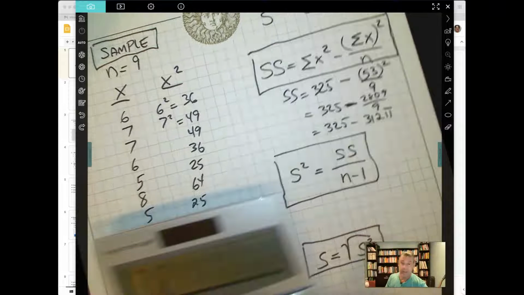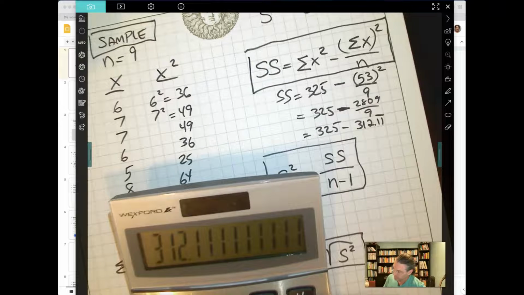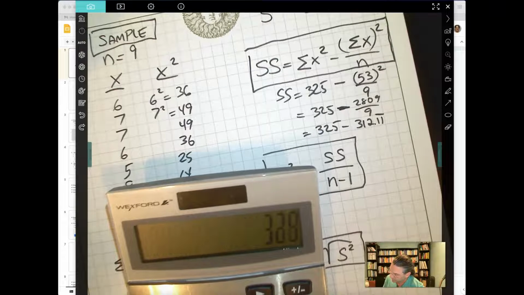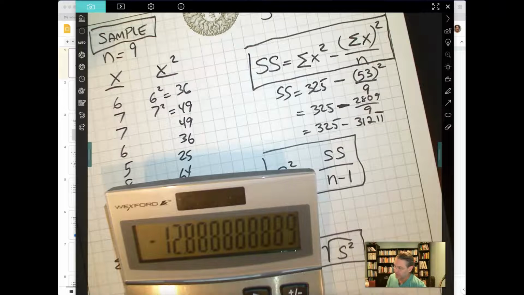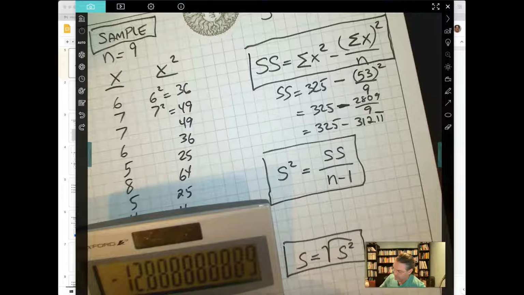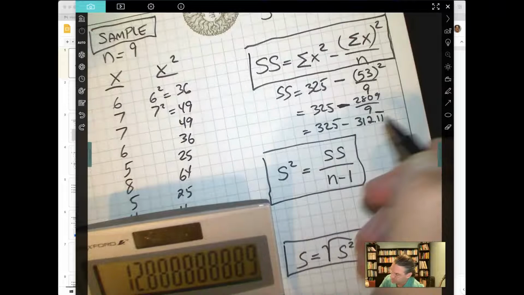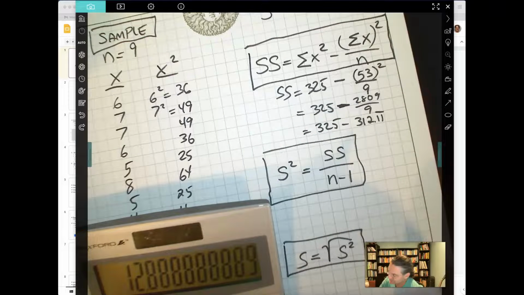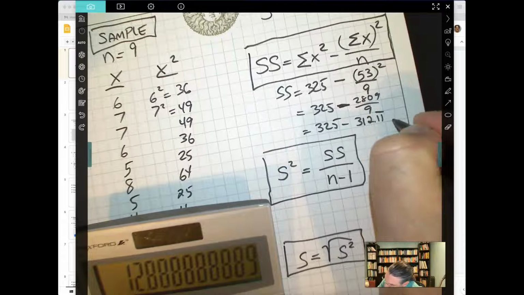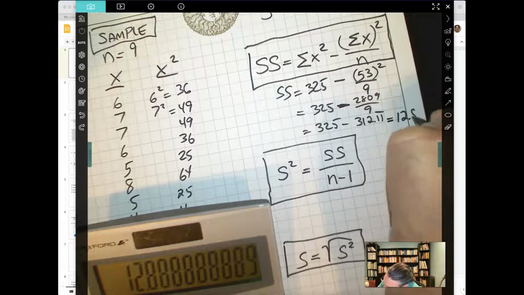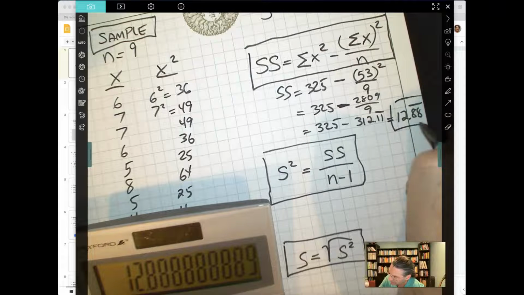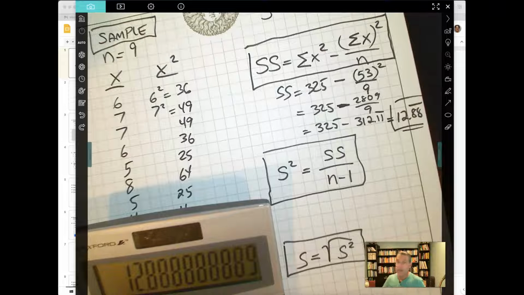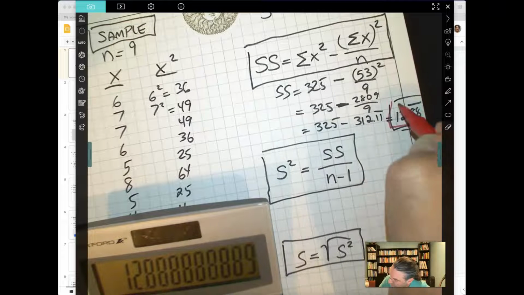So I can subtract this 312.11 repeating from 325 and I get 12.88. Now it says negative just because I subtracted the backwards way, so I can get rid of that negative because it should be a positive, 325 minus 312.111, and we get 12.88 repeating. Okay, so there is my sum of squares.